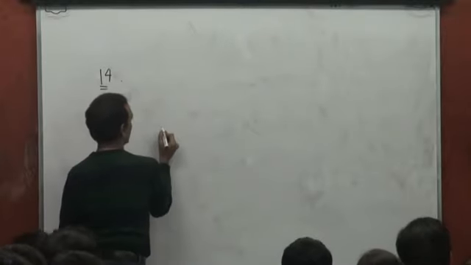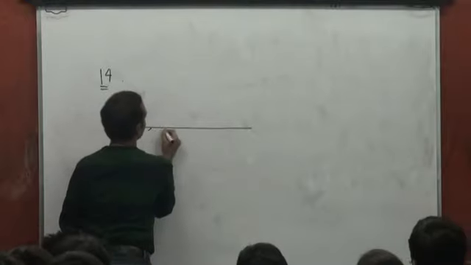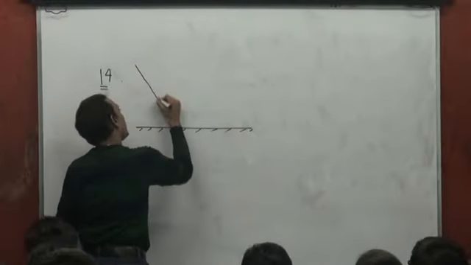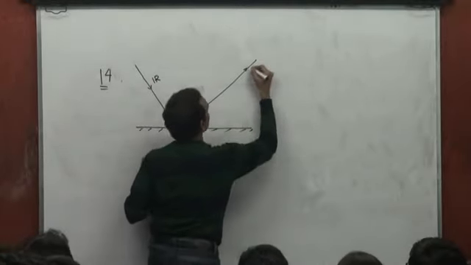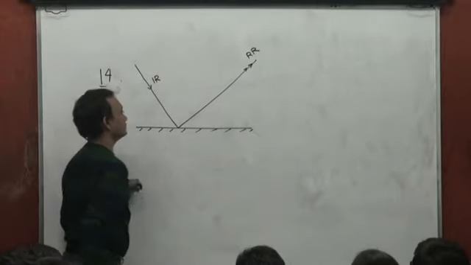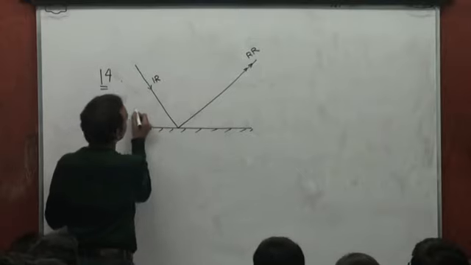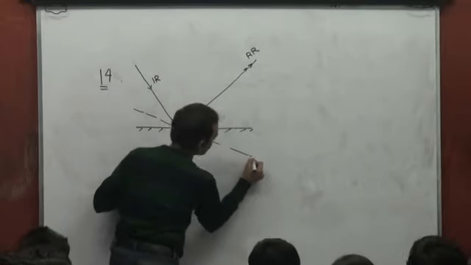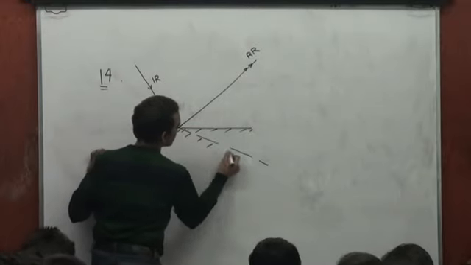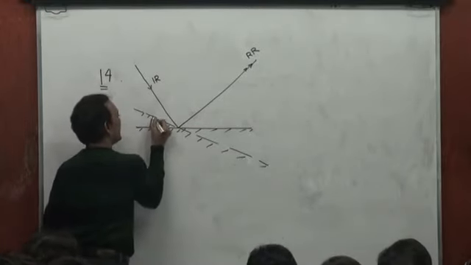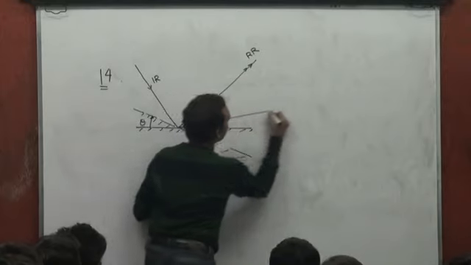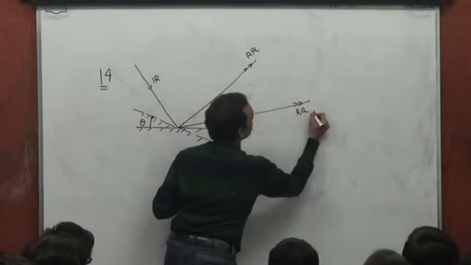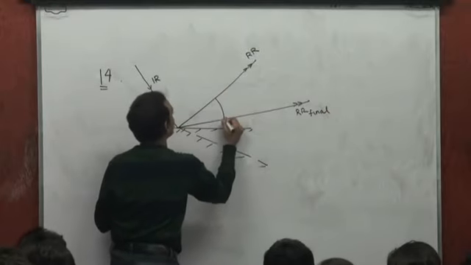But let me tell you, once we do geometrical optics, you'll realize that if I have a plane mirror, and if this is an incident ray, this is the reflected ray, and if the mirror is rotated by an angle theta, for the same incident ray, the final reflected ray would rotate by an angle 2 theta.